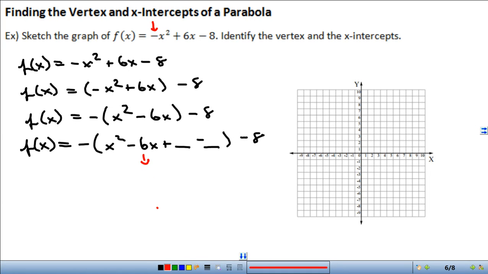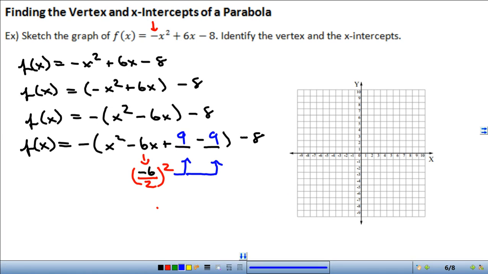And I'm going to write that in black, my negative 6. Now in red, divide it by 2 and square it. And that becomes the new numbers here. So negative 6 divided by 2 is 3. 3 squared, 9, and 9. Now, this is okay. I'm doing great.